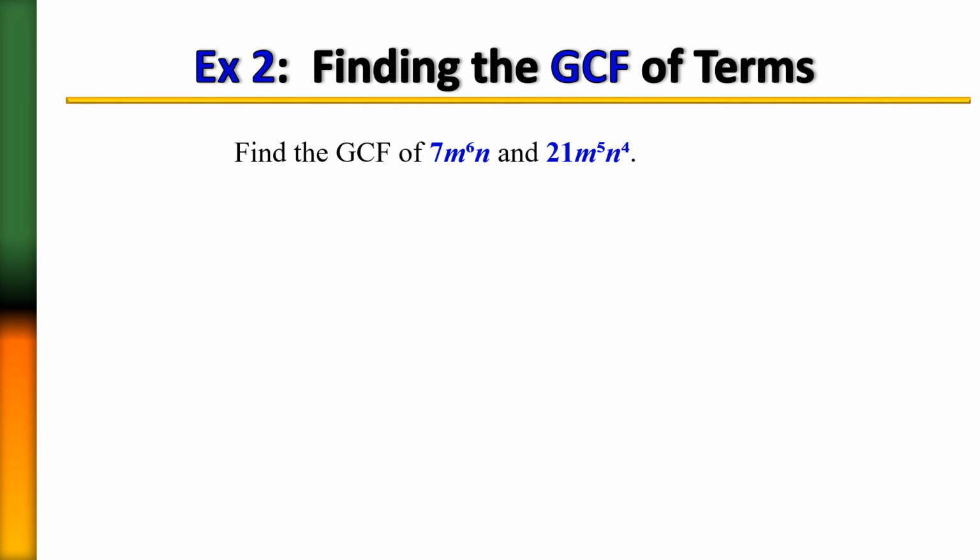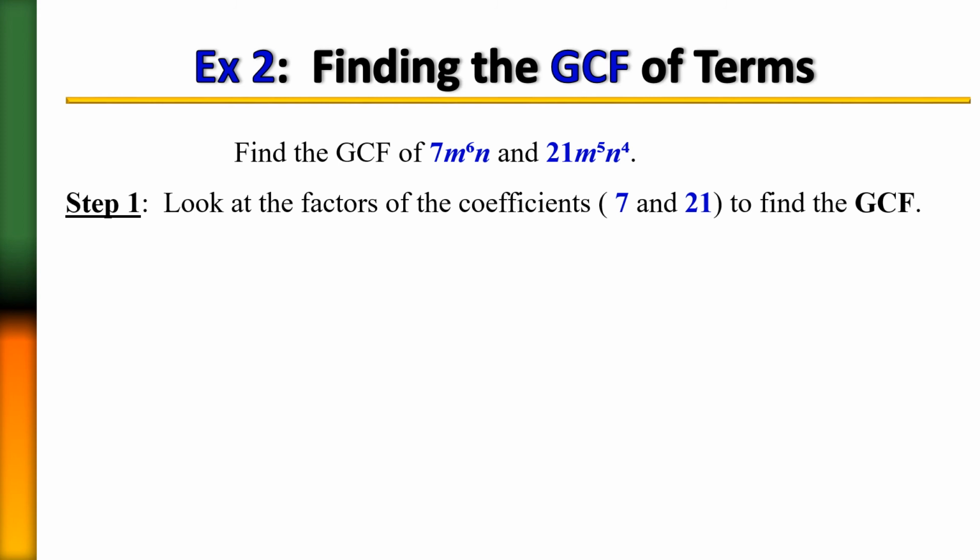Okay, so step one would be to look at your coefficients so that you can identify what is the GCF among those two numbers. So our coefficients are 7 and 21, and you want to know what is it that those two numbers share in common at most.